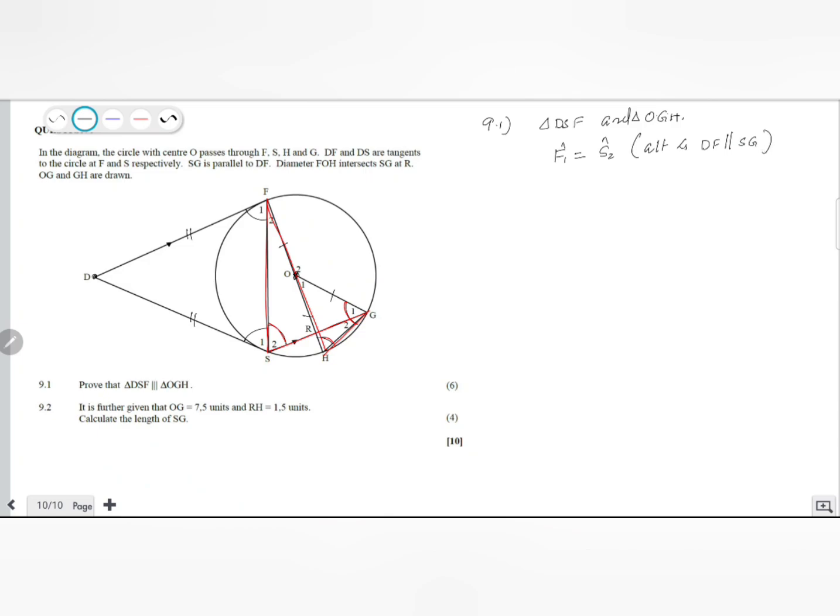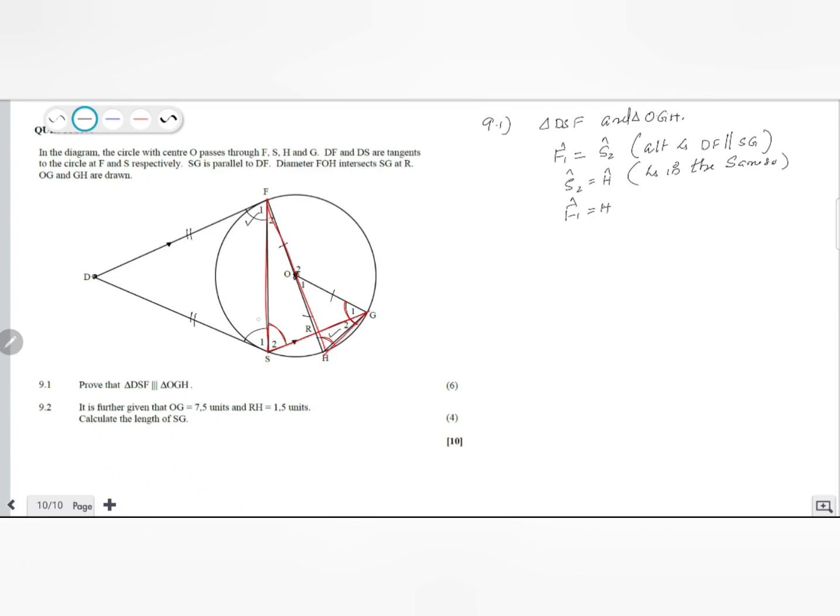Because of these two parallel lines, we got that one. And S2 is equal to H. What is the reason? Angles in the same segment, which means F1 is equal to H. We got it from there. Then how do you show the next one? One pair is equal, we did it.